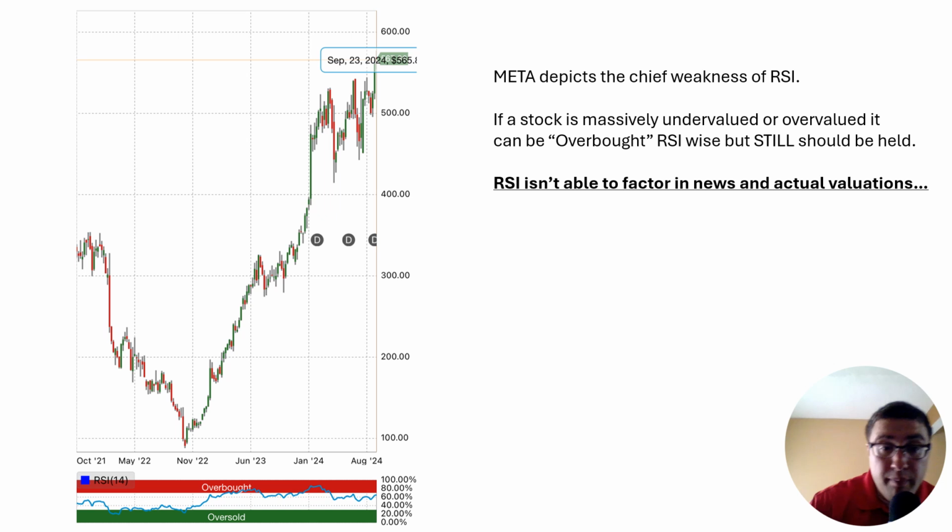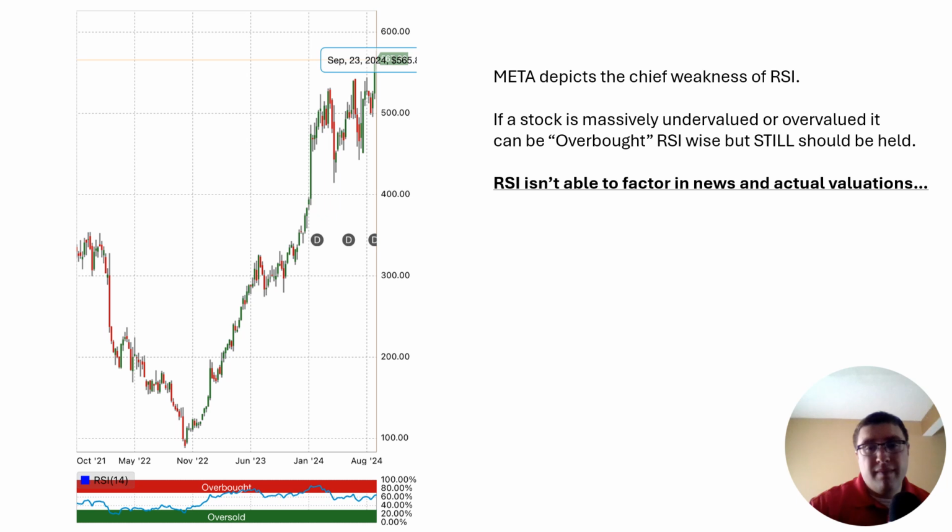So Meta's actually been undervalued for a while. If you would have sold Meta at the instant it was overbought the first time, way back in November of last year, you would have missed a lot of gains because it's been a monster and it's actually got a pretty low P/E ratio. Even right now, the price to earnings for Meta is only like 25, which is pretty wild.